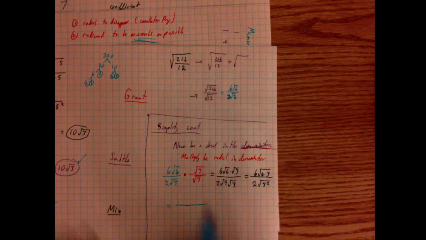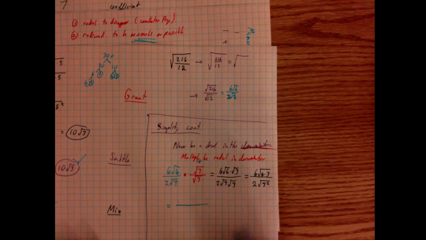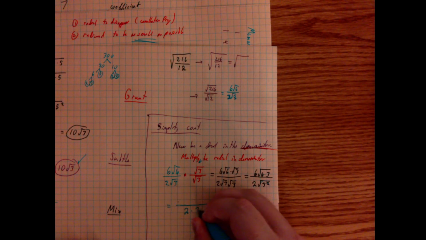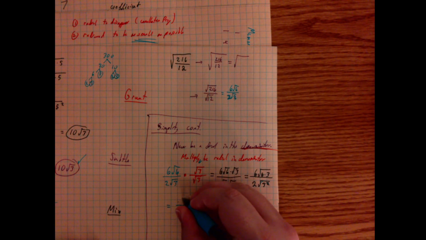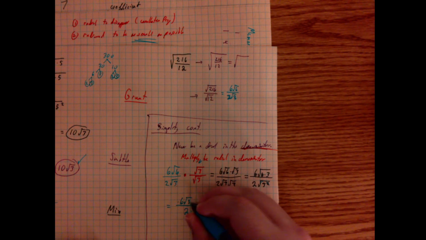The reason we multiply by this specific fraction is because of what happens on the bottom. On the bottom, the square and the square root are going to cancel, meaning we end up with just 2 times 3. On top, you can rewrite that, ending up with 6 square root of 3 squared and 2.